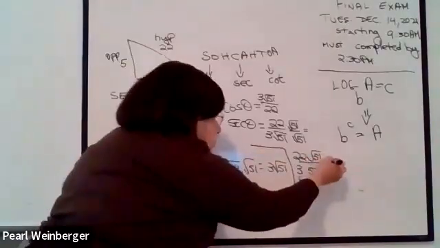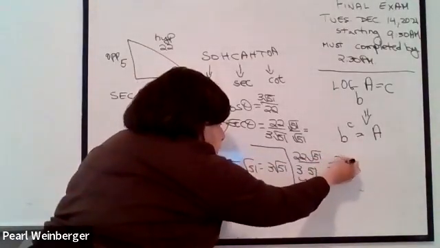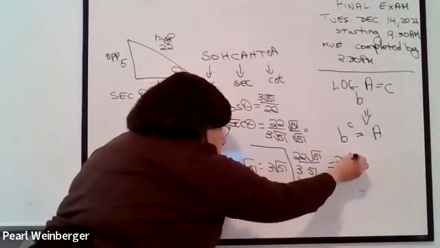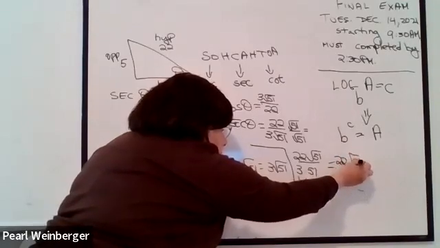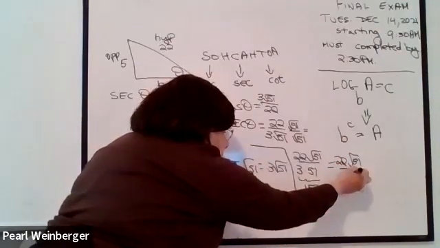So my final answer in this case would be 22 radical 51 over 153.